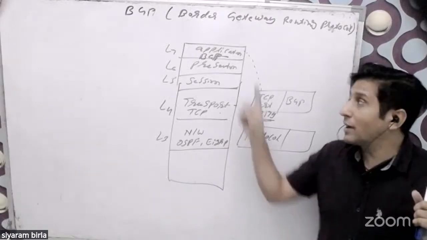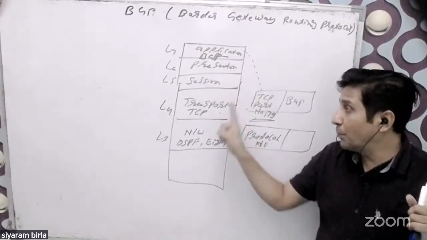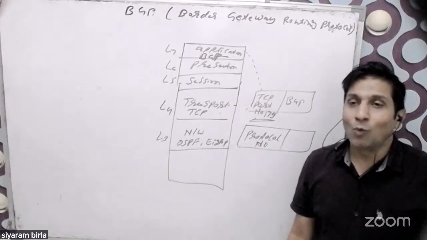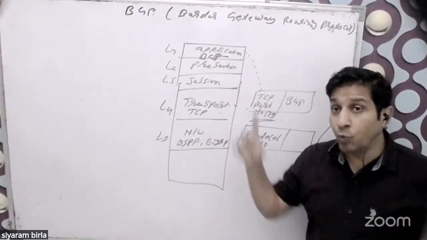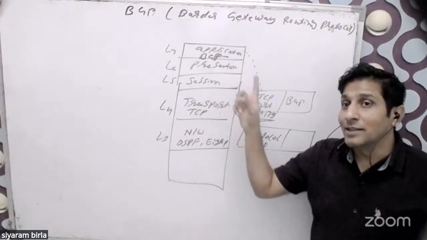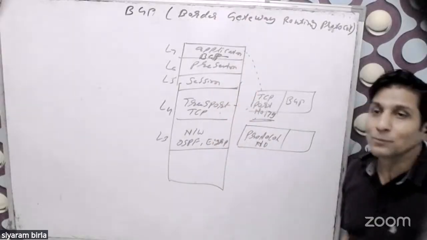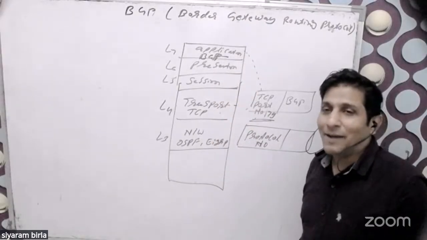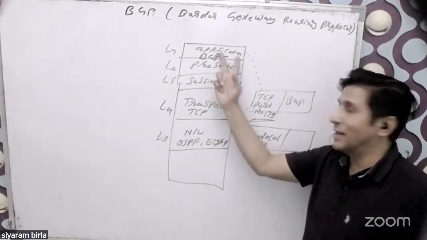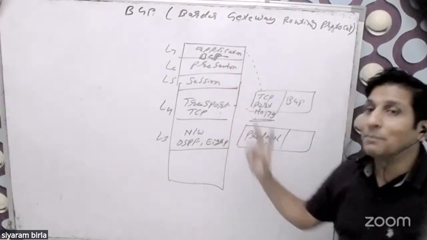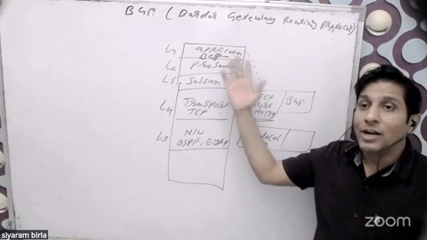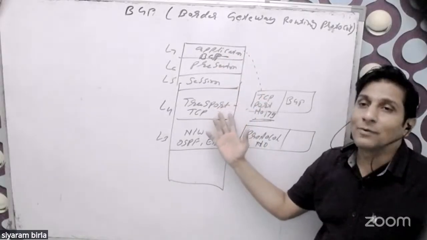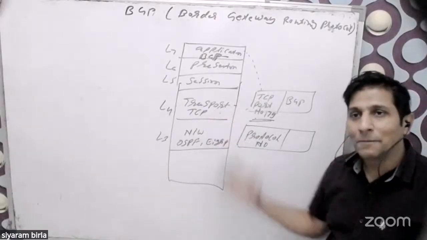Protocols that work at layer 7 have a port number. For example, RIP, which is outdated, works at layer 7, so it has a port number. HTTP works at layer 7, so it has port number 80. HTTPS works at layer 7 and uses port number 443 at layer 4.